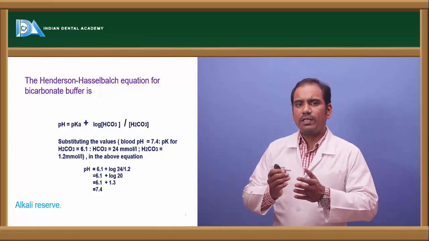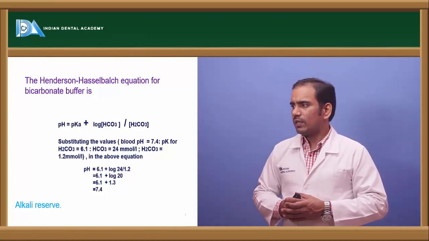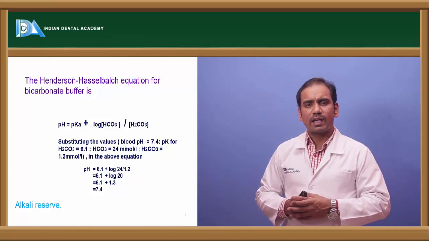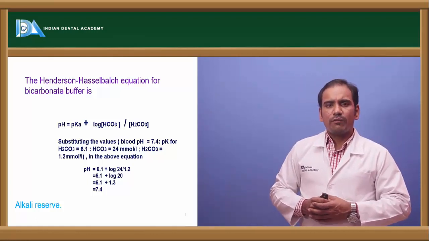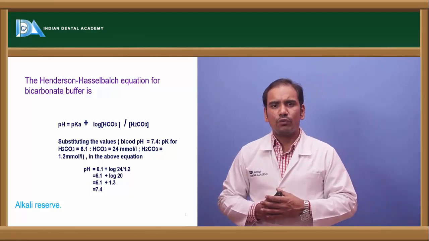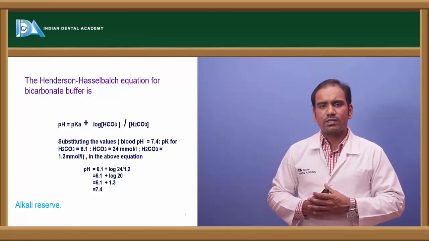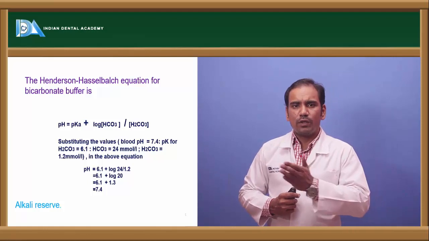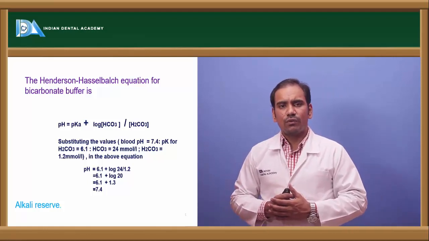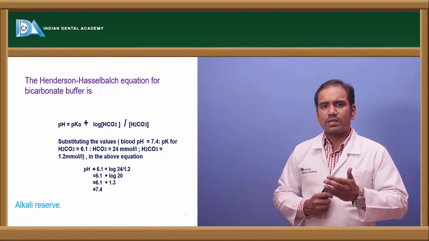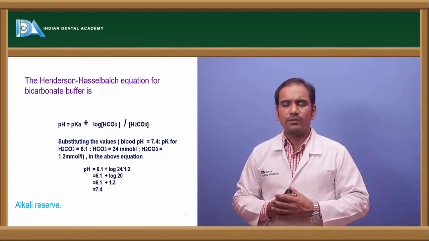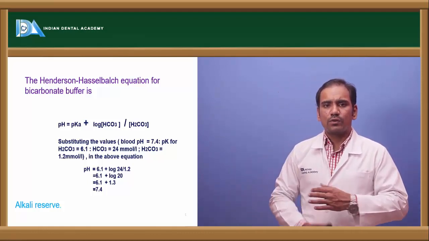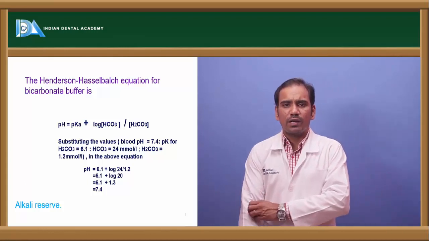When you apply these in the equation, you get the value 7.4. This means that when you maintain a ratio of 20:1, bicarbonate to carbonic acid, your blood pH will be in the range of 7.4. That is the significance of the bicarbonate concentration.